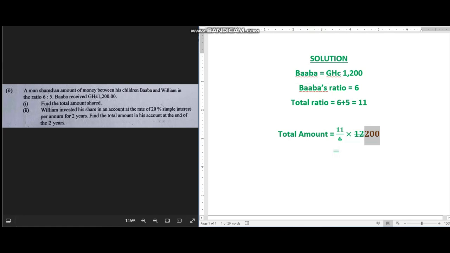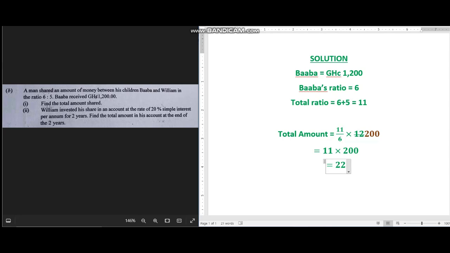So we'll be having 11 multiplying 200. 11 times 2 will give us 22.